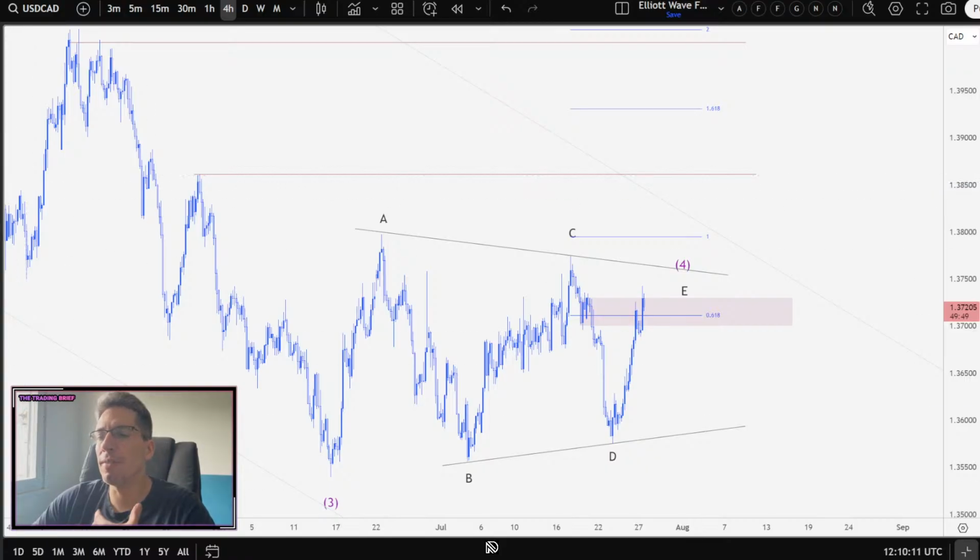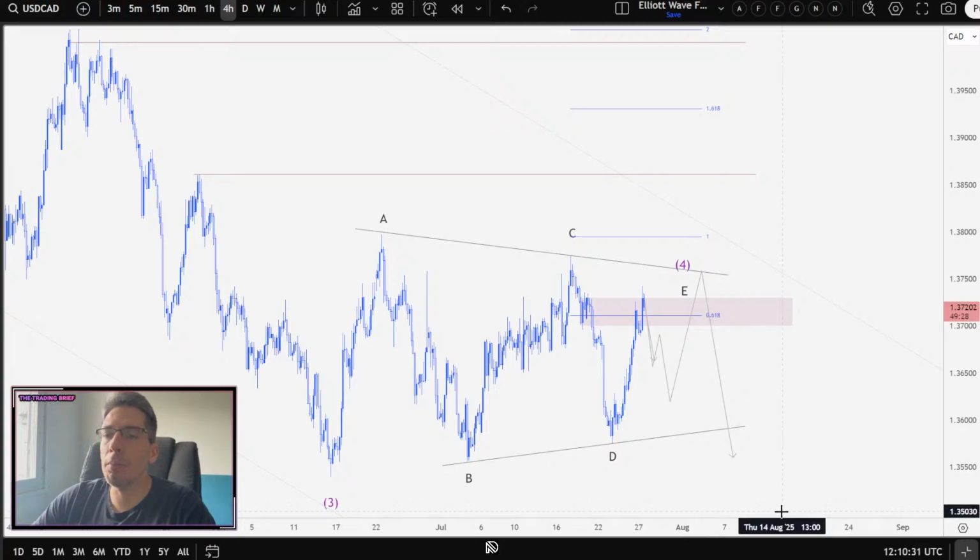Just because of that, I would like to see something like this before the market moves down. So a pullback, another push higher, and then a new low.